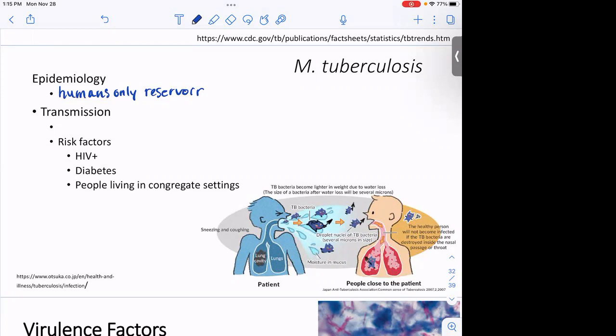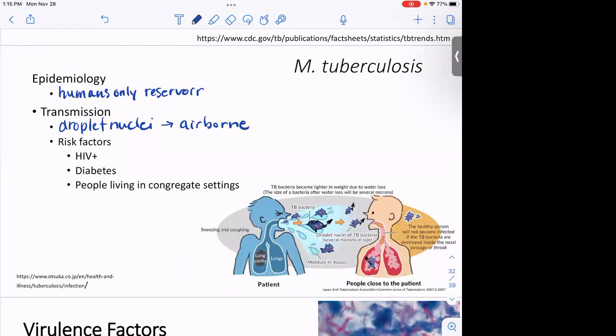Okay, and transmission, droplet nuclei. So remember, those are the really small particles that we cough out, sneeze out, you know, come out when we're talking, that are so small that they stay suspended in the air for long periods of time. Okay, so this is considered airborne.